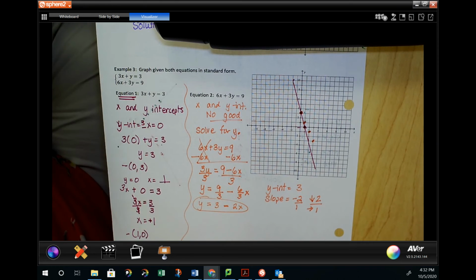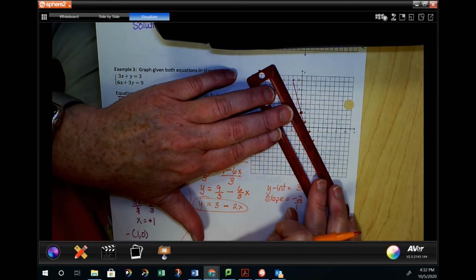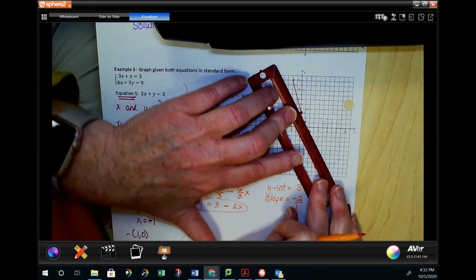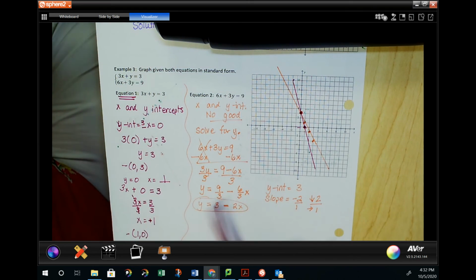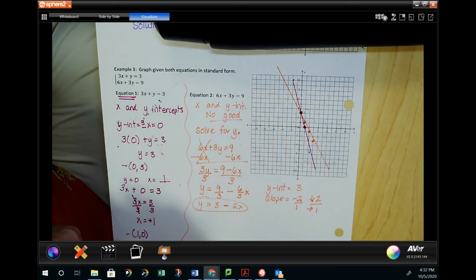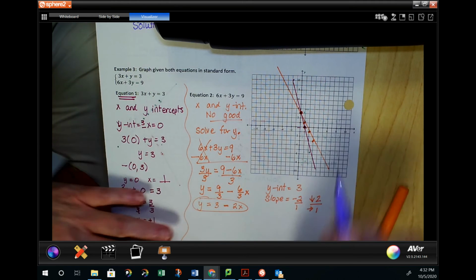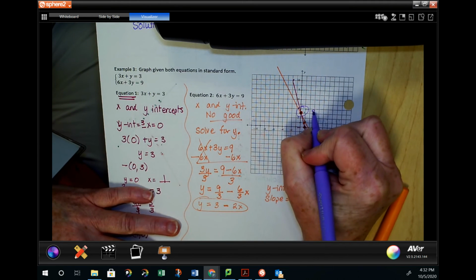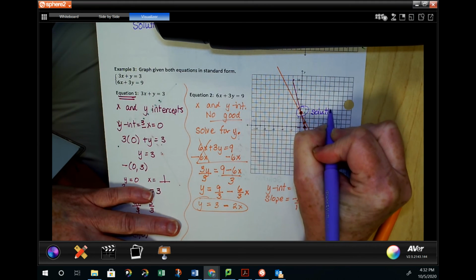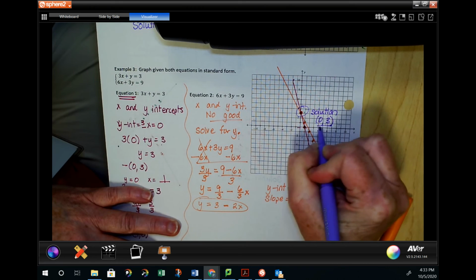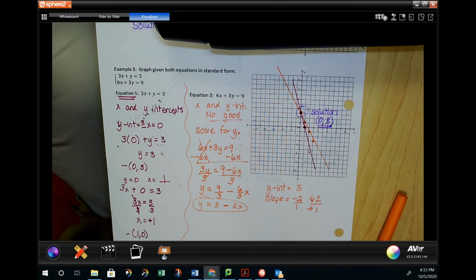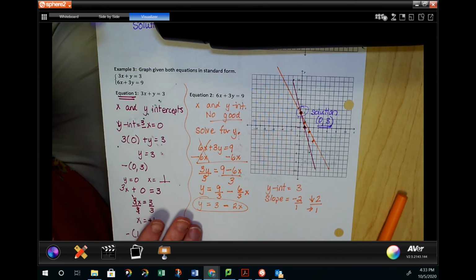This one isn't going to be as nice and pretty, but my solution point is right there where my lines intersect. This is 0, 3, my intersection point.